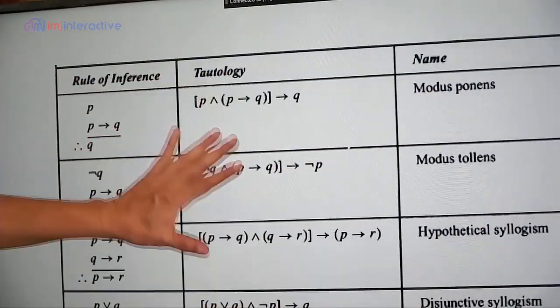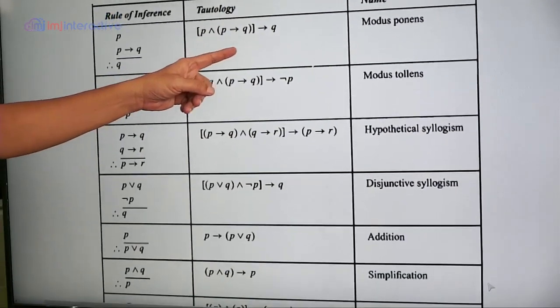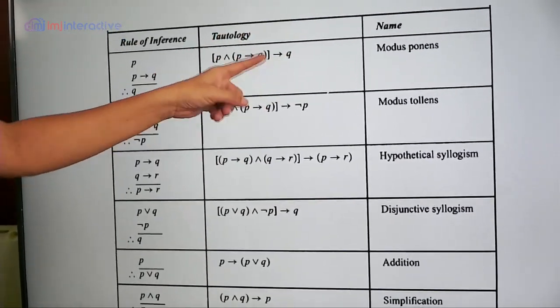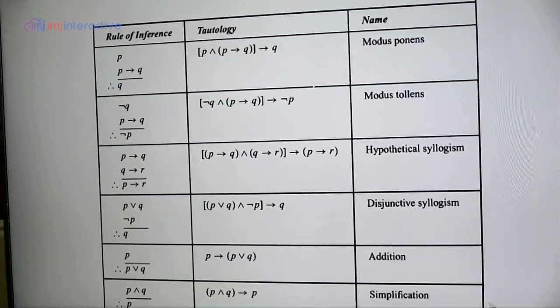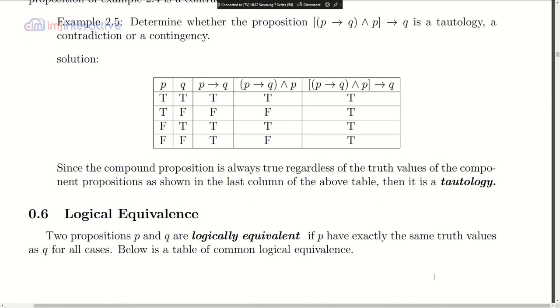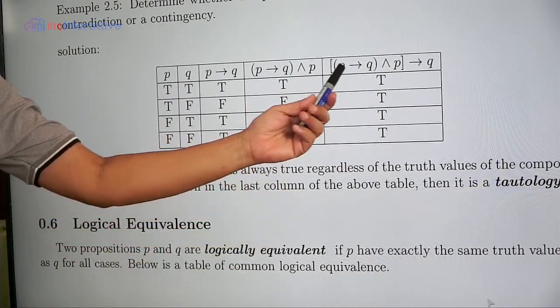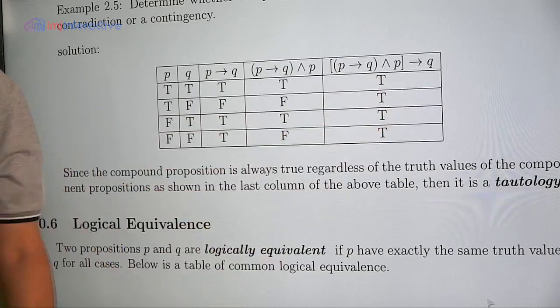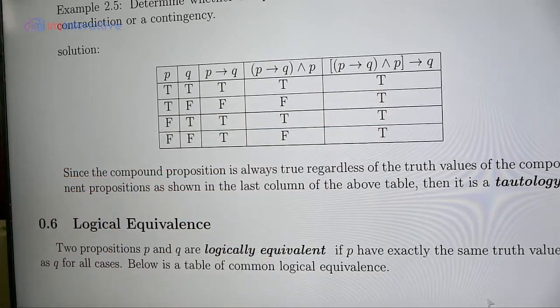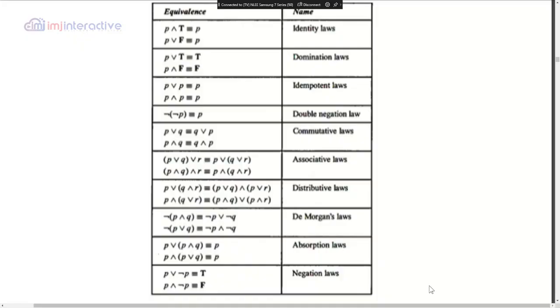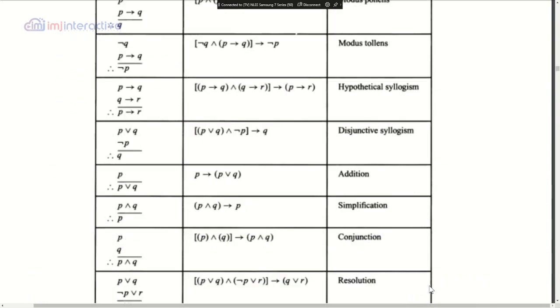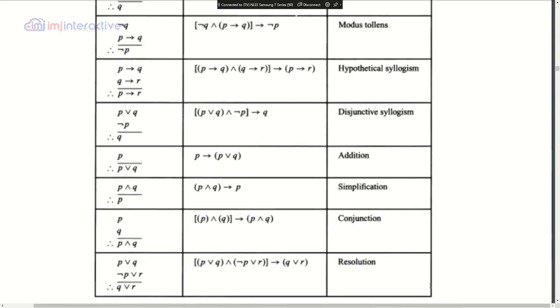Each of these must be a tautology. But what is the proof for this? You have it in the previous example. So this is your modus ponens: P then Q and P, therefore Q. So that is a tautology. Now let's go back. There are still others.